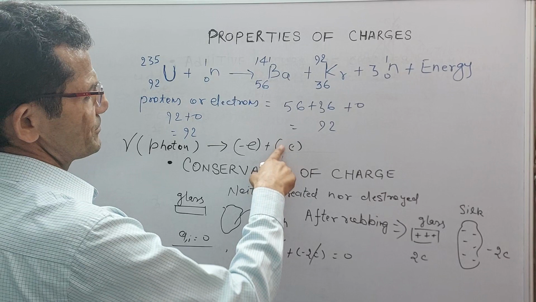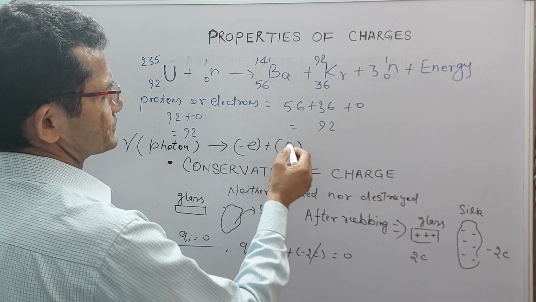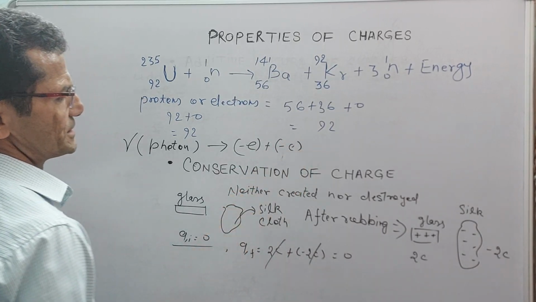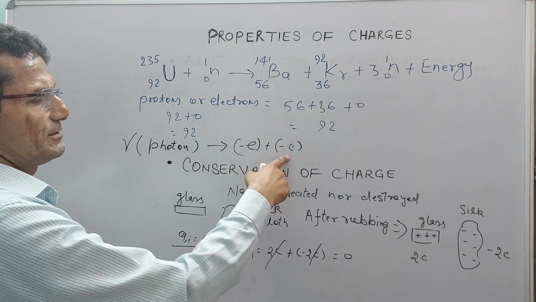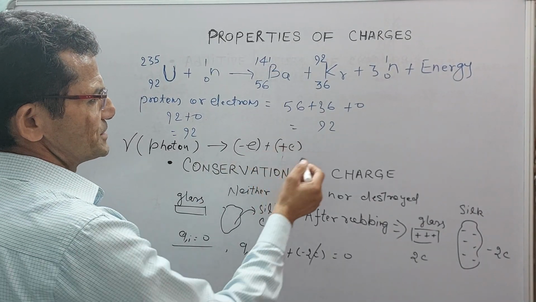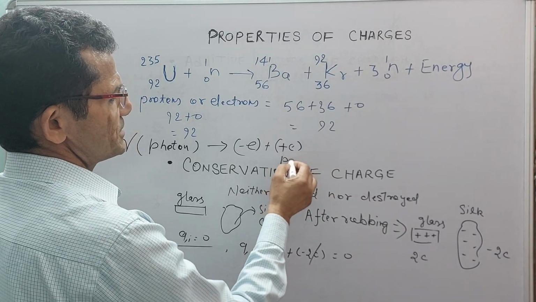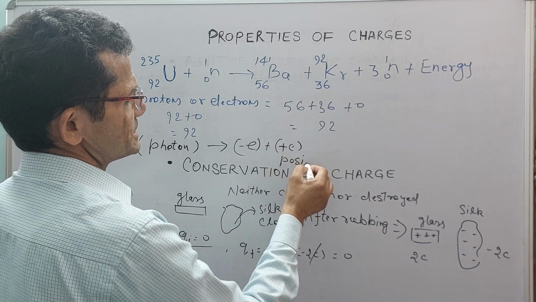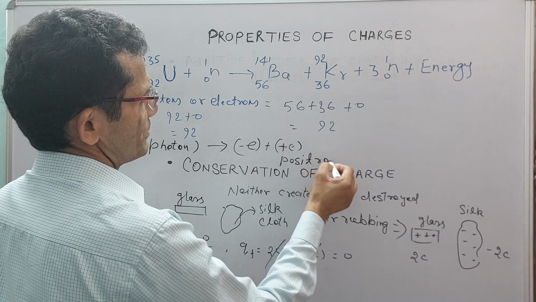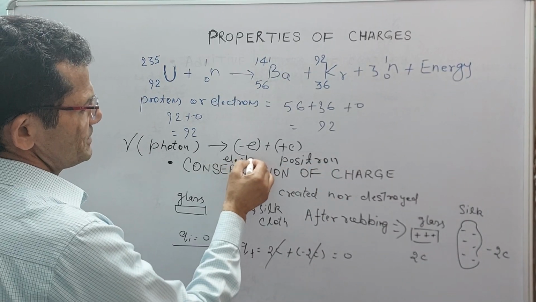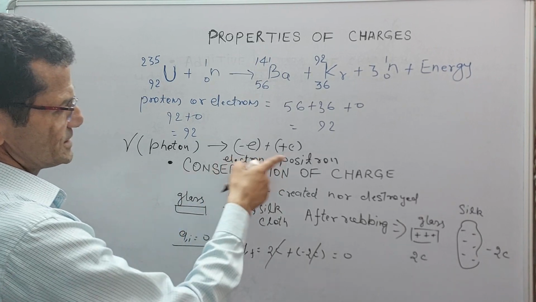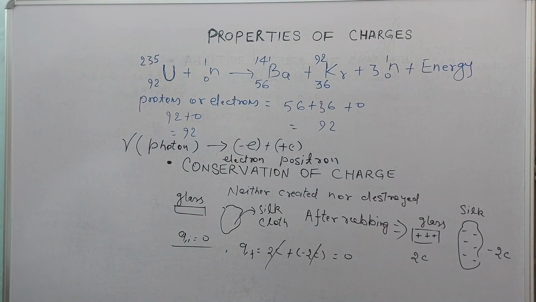The total charge on the electron is minus e, and on the positron is plus e. The positron is the antiparticle of the electron, so both are antiparticles of each other. So the total charge again is conserved.